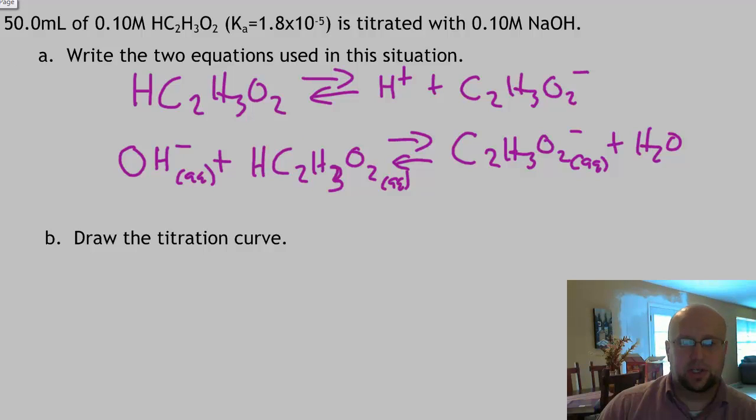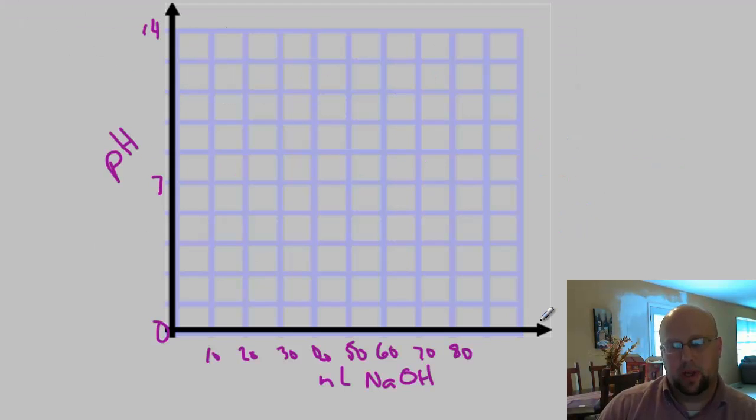The second question says to draw the titration curve. We have a graph here, and we're graphing pH versus how much base I add. We start down here with 0 base, and then we go up. How do we pick these numbers? It doesn't matter that much, but you want to make sure you get past the equivalence point and do one or two points on the other side.